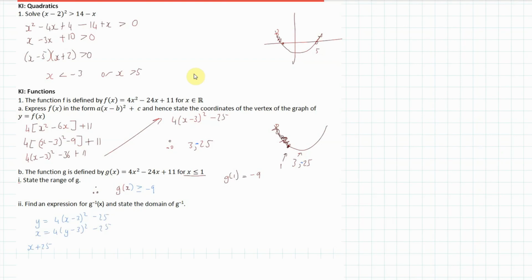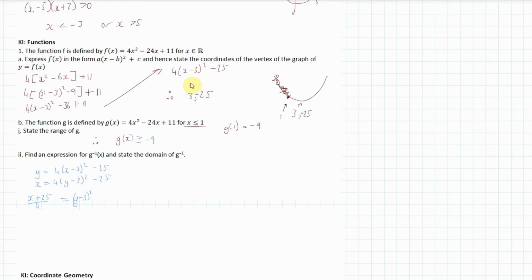And then I'm going to divide by 4 to leave me with (y minus 3) all squared on this side. And then I'll take the square root. So I get y minus 3 equals plus or minus the square root of (x plus 25) all over 4. And we can say y is equal to 3 plus or minus the square root of (x plus 25) over 4.